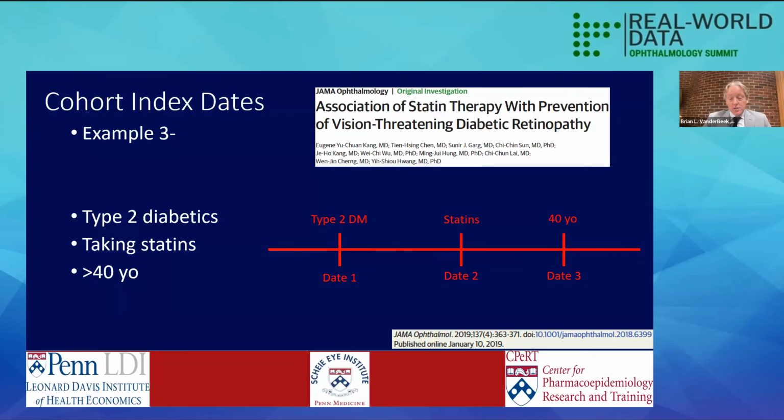Essentially, are you saying that a 65-year-old patient who has been on statins for 15 years and then all of a sudden becomes type 2 diabetic should be included in the study the same as someone who is 42, has been diabetic for 15 years and then starts statins? There's not necessarily a right answer, but you definitely want to think about the various permutations that are possible so you don't inadvertently induce a bias into the study.